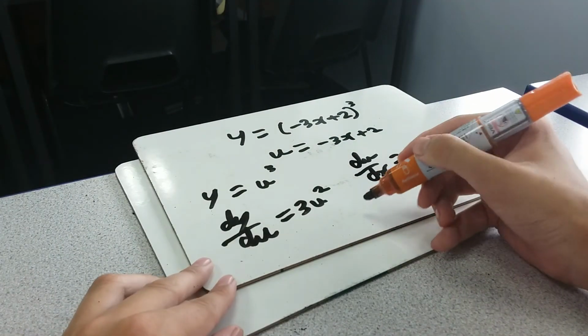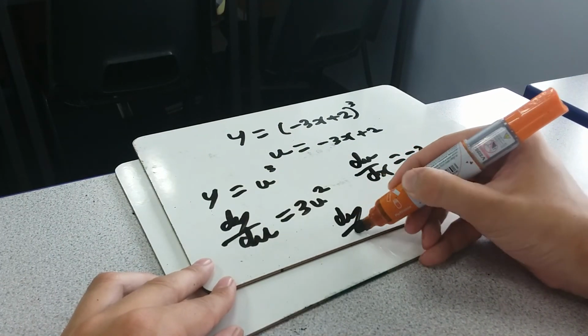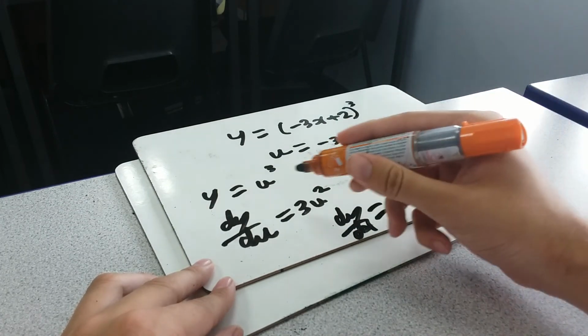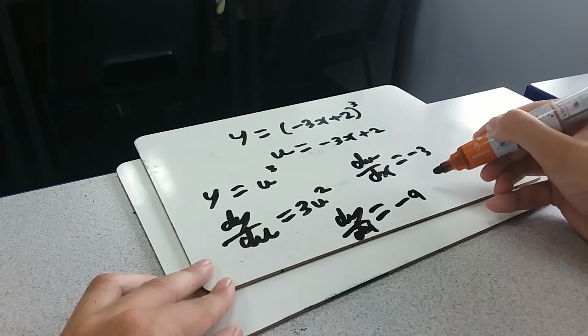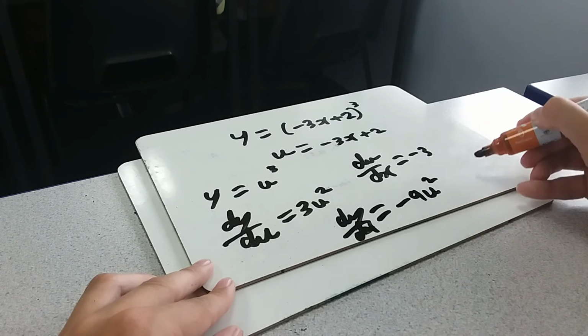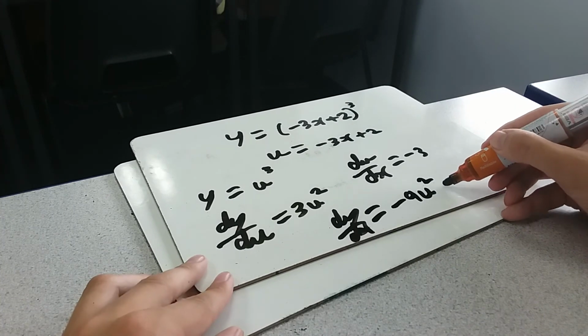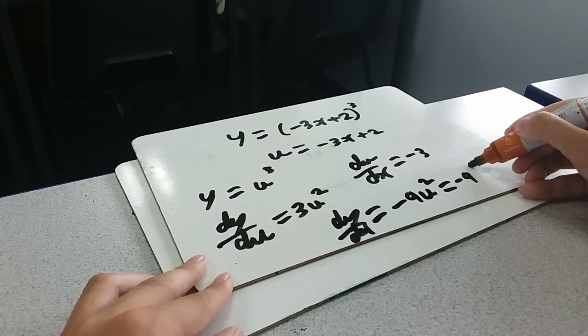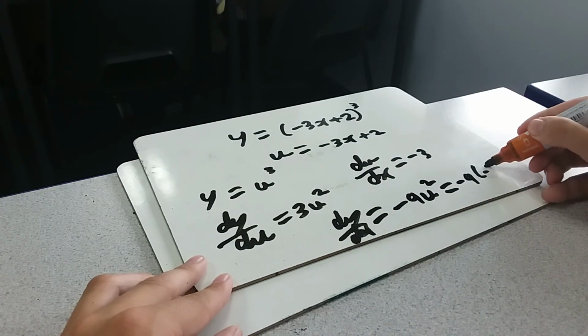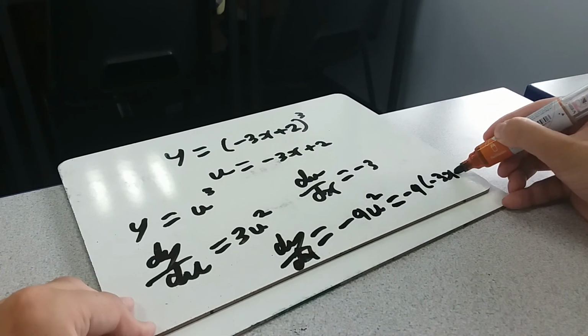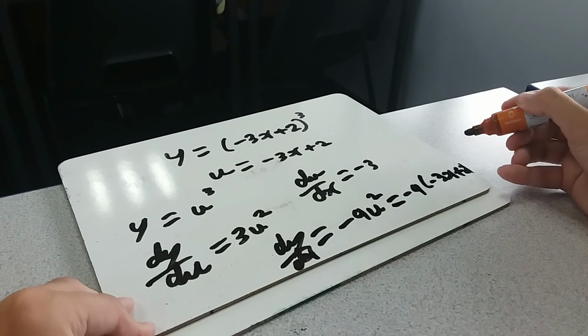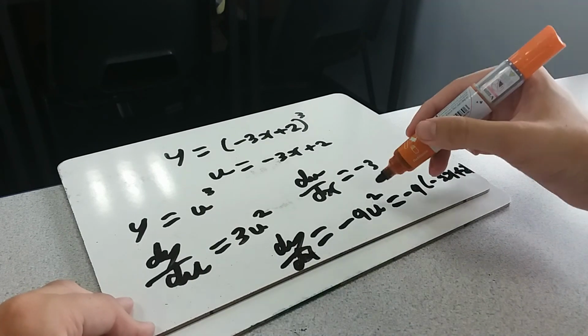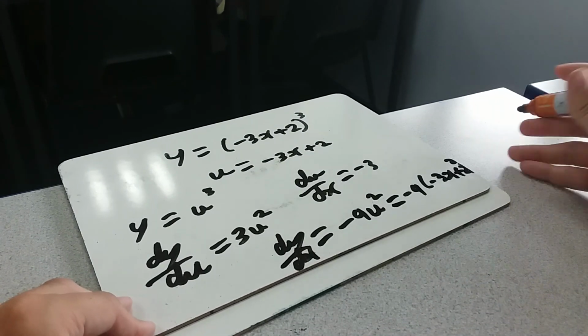Popping those two bits together, we get dy dx is these two things times together, which is minus 9u squared, but that's still in terms of u, so putting it back in terms of x, it would be minus 9, and then in brackets, minus 3x plus 2, running out of space, to the power of 2. So a bit messy at the end.